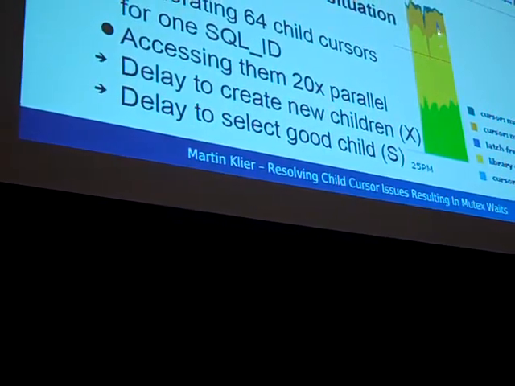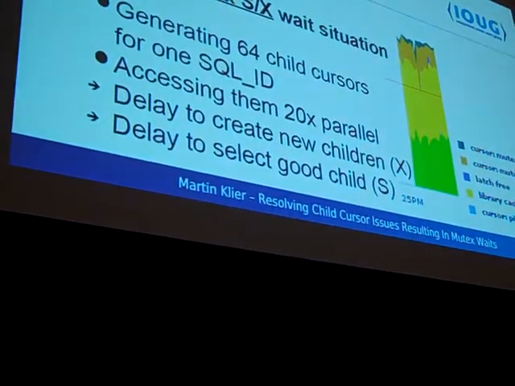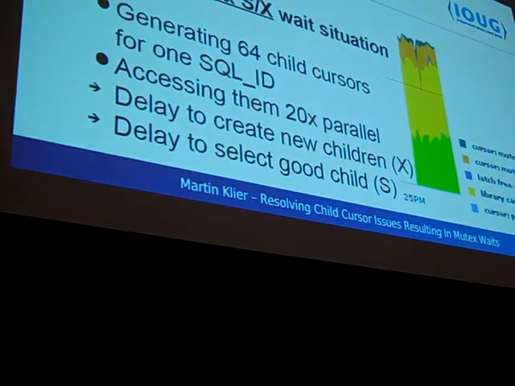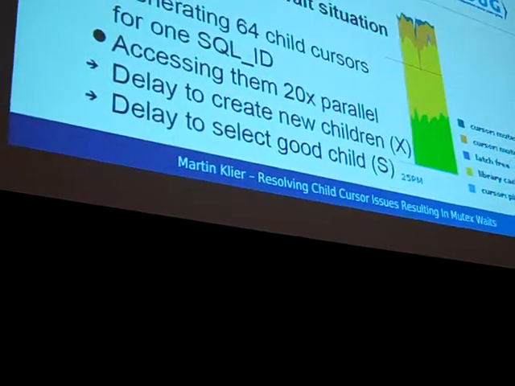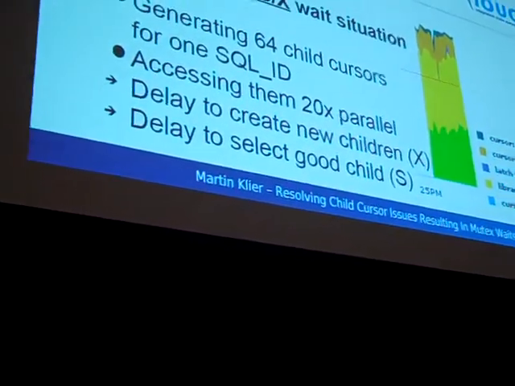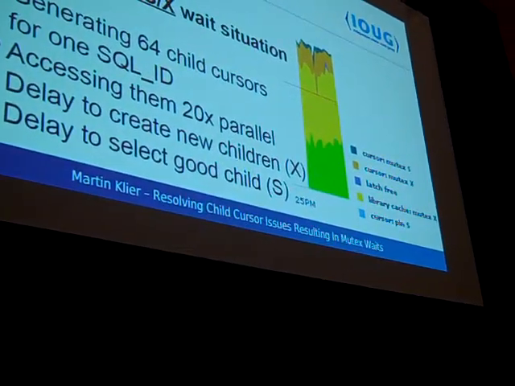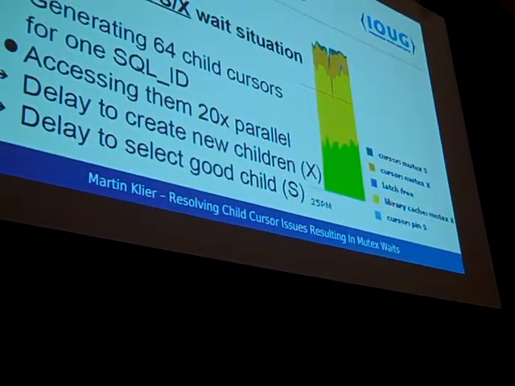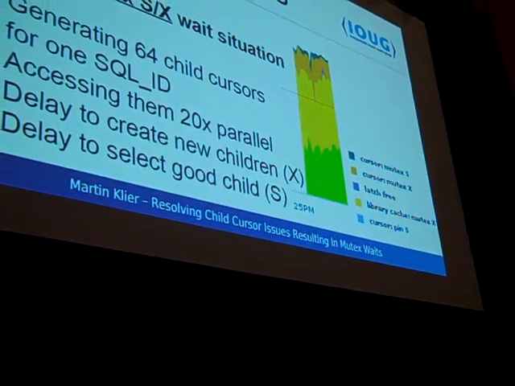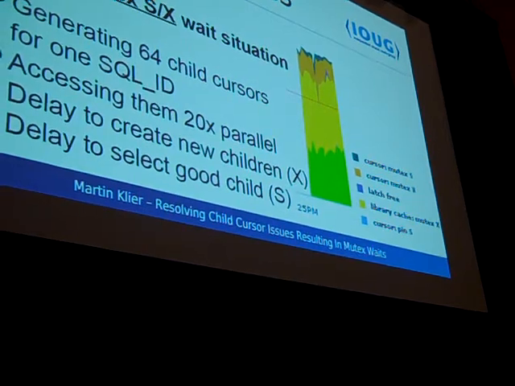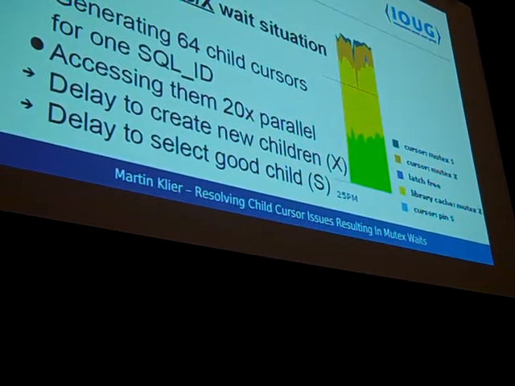And we see that we have a delay when we want to create new children. And this is a problem for everybody that is parsing frequently and wants to create a new child cursor and can't because another one does. So we are blocking each other by the same problem. And if somebody does not parse and tries to select a child that fits, he can't get a shared cursor because another 100 guys have exclusive locks and are enqueuing for exclusive mutexes here. So you're ending up with 3 problems by one reason.